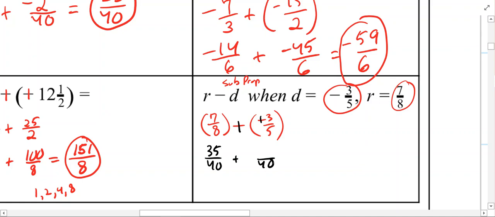And 5 times 8 is 40, so 3 times 8 is 24. Add those together. 59/40. And can it be simplified? It cannot, so that is the answer.